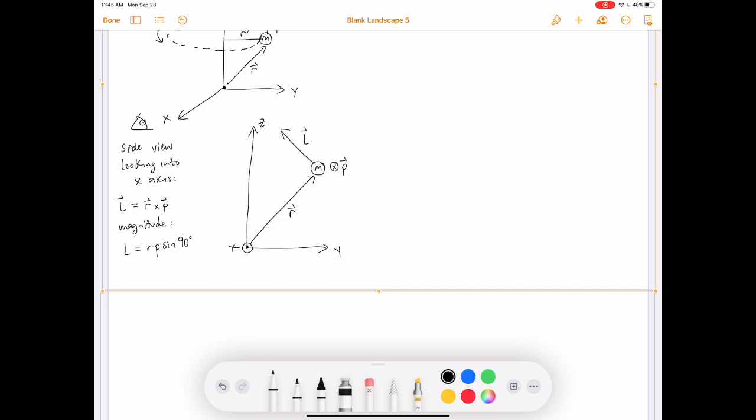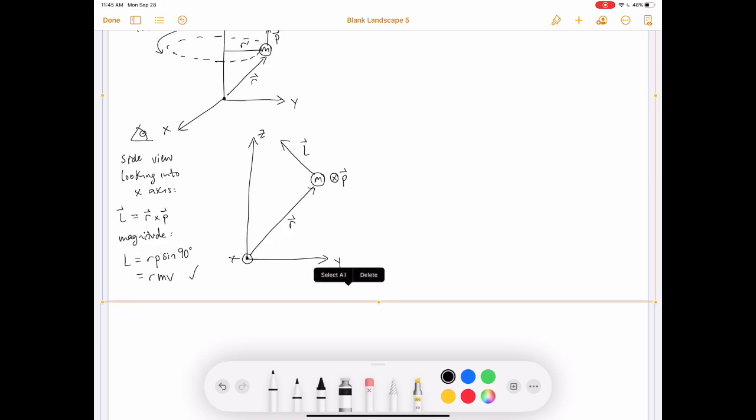So they're at a right angle relative to one another. So if we remember that p is just m times v and sine of 90 is just equal to 1, this is the magnitude of the angular momentum of the particle that we're looking at. Okay, so that's the basic picture.